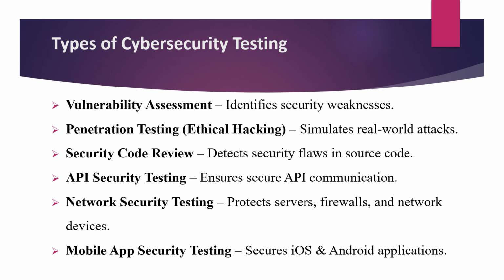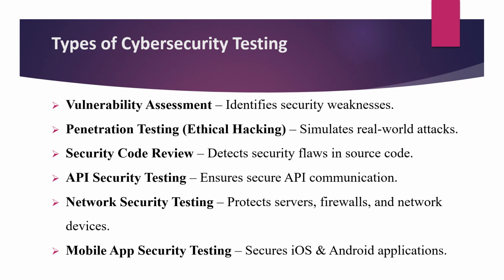There are several types of security testing techniques used by professionals to identify and fix vulnerabilities. 1. Vulnerability assessment, scanning systems and applications to identify known security weaknesses. 2. Penetration testing, ethical hacking, simulating real cyber attacks to uncover security flaws before hackers do. 3. Security code review, manually analyzing source code to identify potential vulnerabilities. 4.